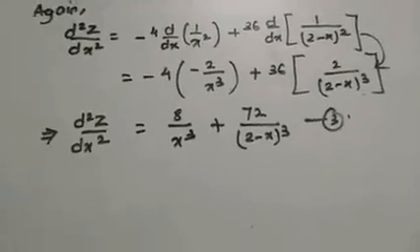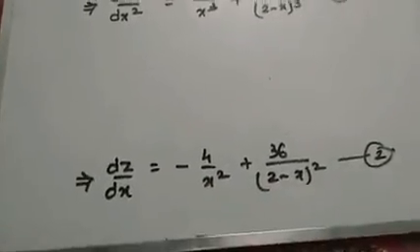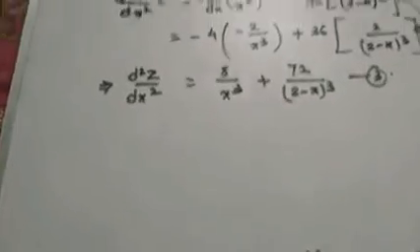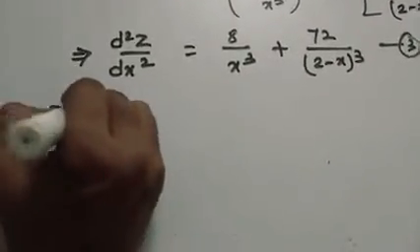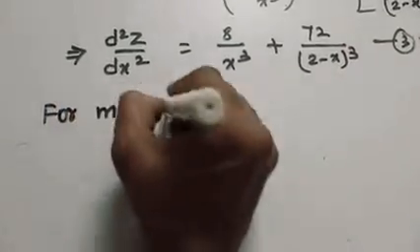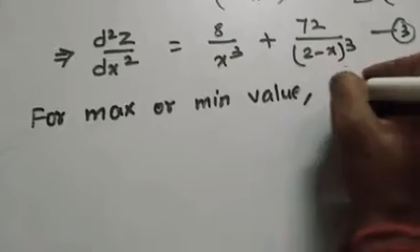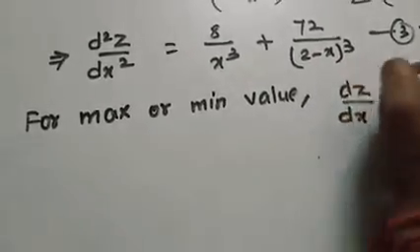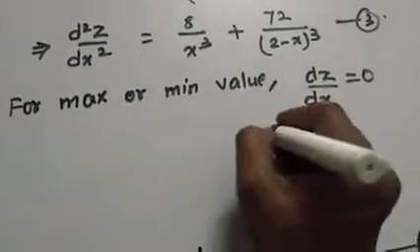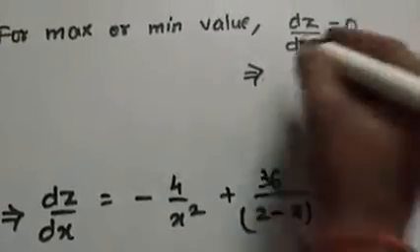Now for finding the maximum and minimum value, we will equate dz by dx equal to 0. So for max or min value, dz by dx equals 0. What was the dz by dx we got?